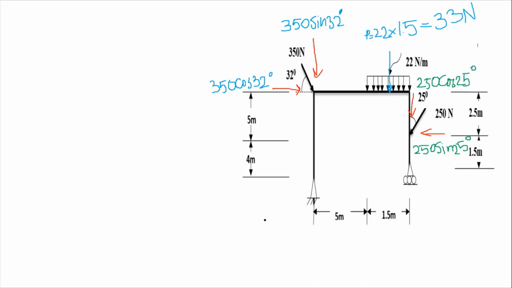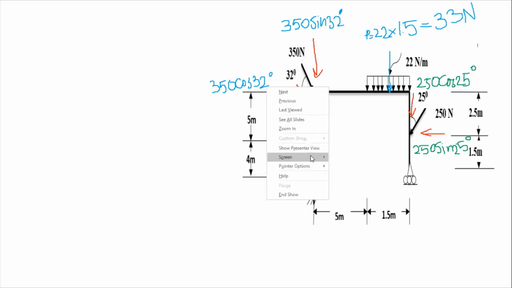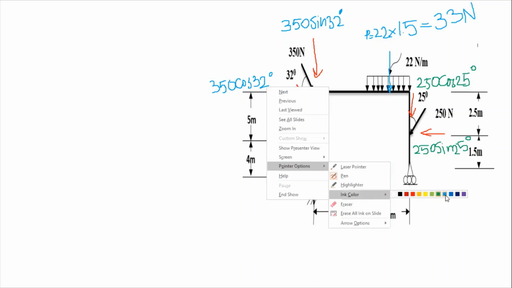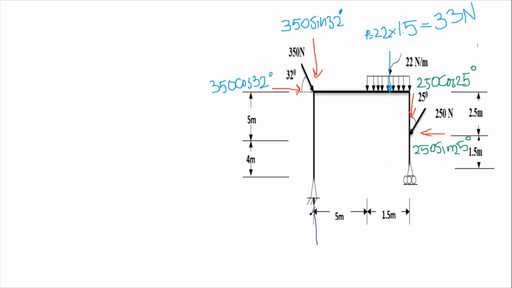Now we have to write down the support reactions. So how many support reactions will come over here? I'm taking purple color. This is a hinge support, so I'm taking A, B, C, D, because it doesn't have a throughout UDL, so we are taking 3 points here.